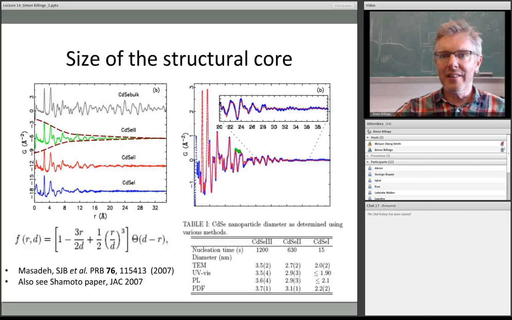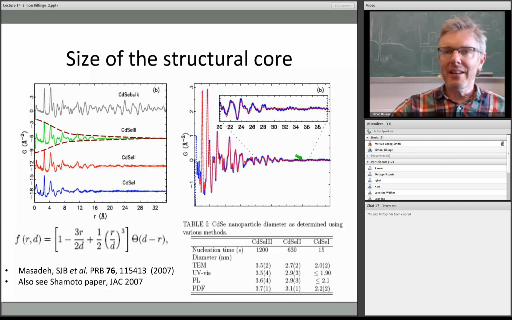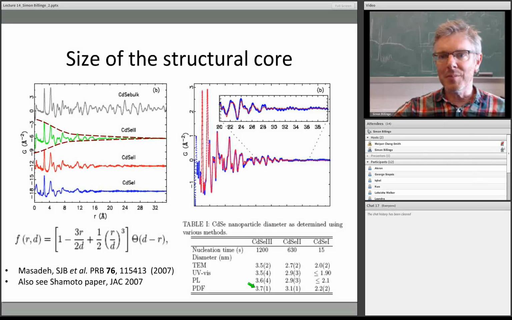And you can see that the fit is doing very, very well, we're calculating rather well this drop-off in intensity. And when we do that, we can actually obtain from the data what the size of the nanoparticles was. And bear in mind, this is the average size over all the sample. And we get a 3.7 angstrom nanoparticle.